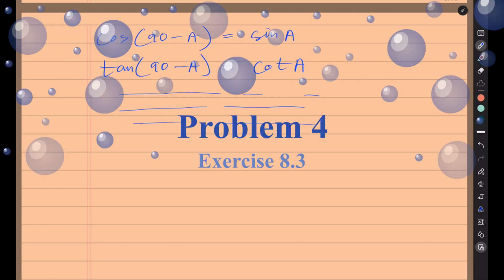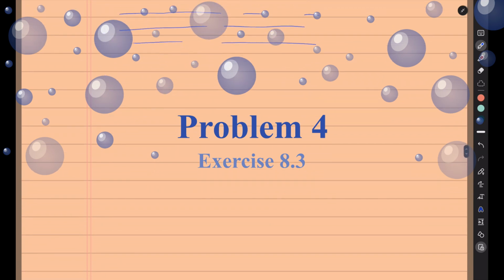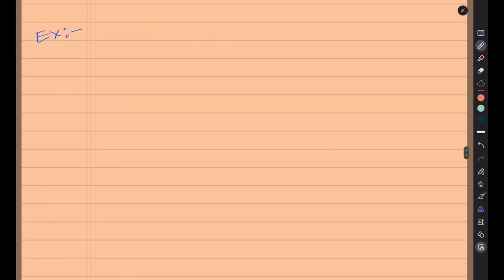Let us take just one or two other exercises, and after that we will finish this video. So the next question is, first I will try to explain the question.